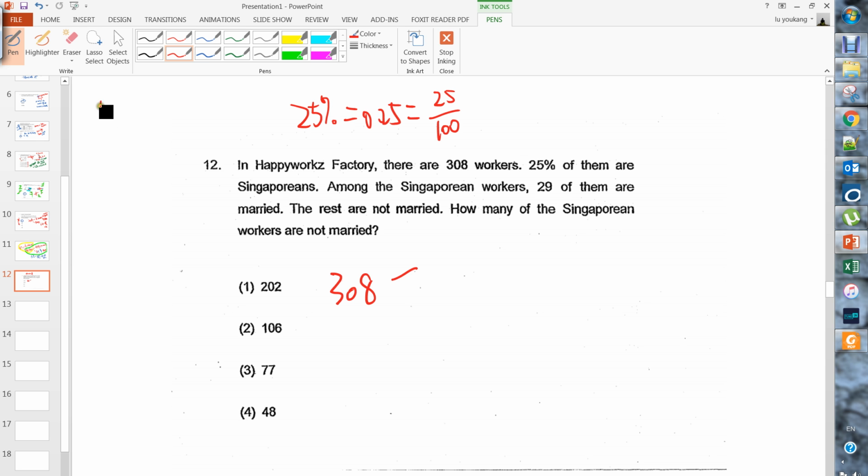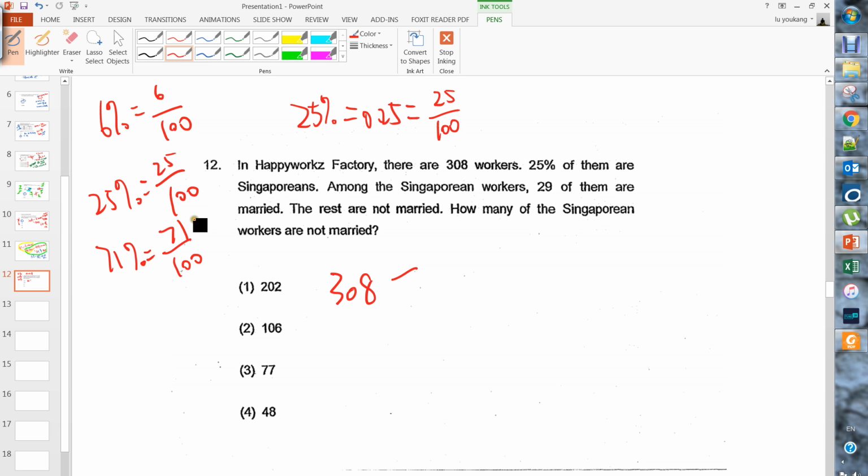So 6% is 6 over 100. 25% is 25 over 100. If I give you 71%, it is 71 over 100. Okay, so that's how you convert. So that means 25 out of 100 are Singaporeans.